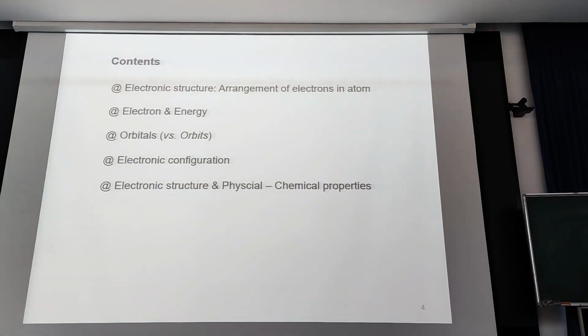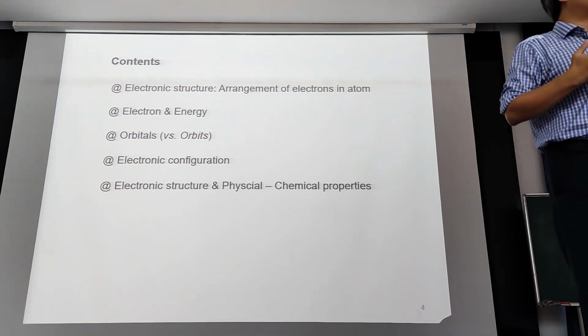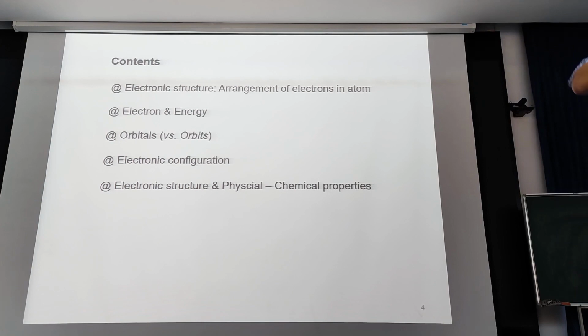So here is the main content. First, we discuss the electronic structure, the arrangement of electrons in the atom. Second, we talk about electrons and energy. Why do we always need to consider energy? Because the driving force of all our actions comes from energy.